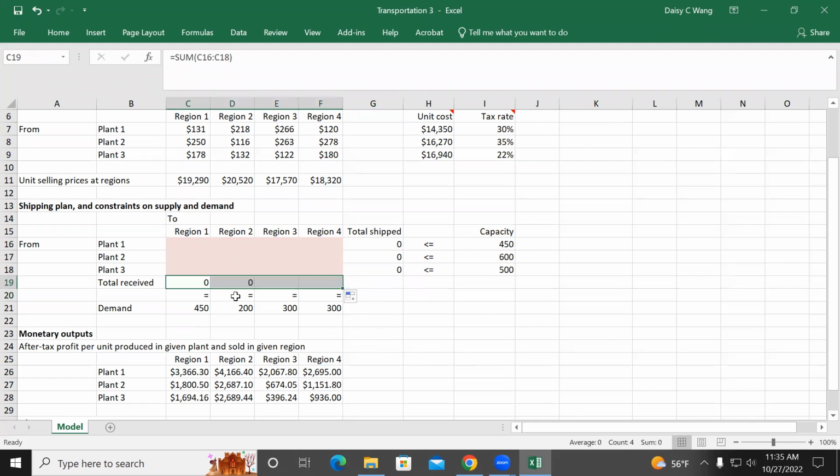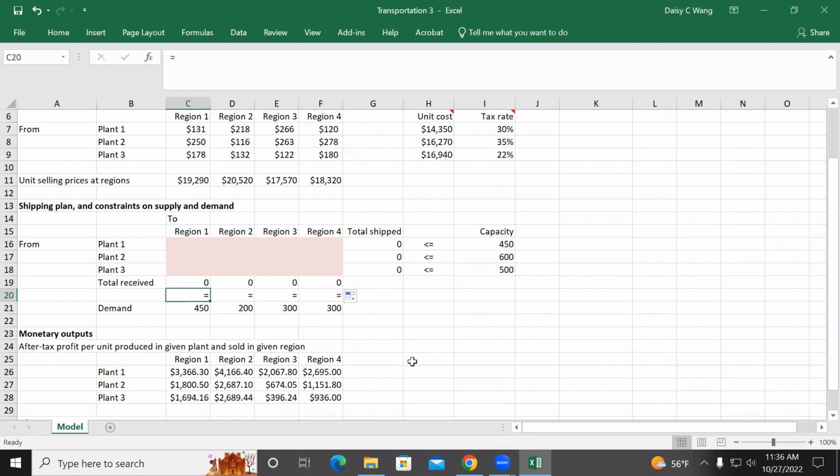Oh, I didn't know I put it, there should be greater or equal. So in this case, the reason we put equal is because if we put greater equal, then they would put in too much inventory, since we are going to calculate the revenue and want to maximize the profit.